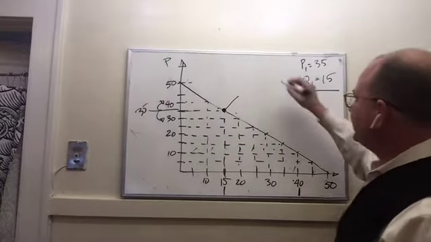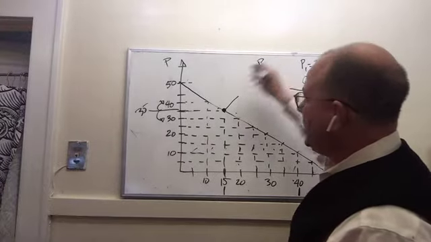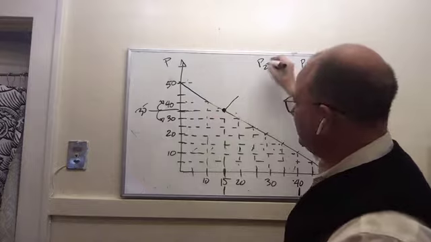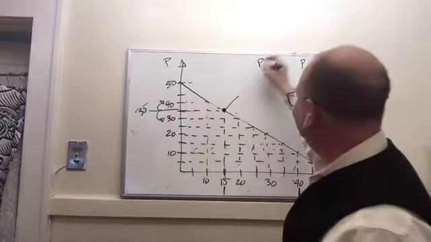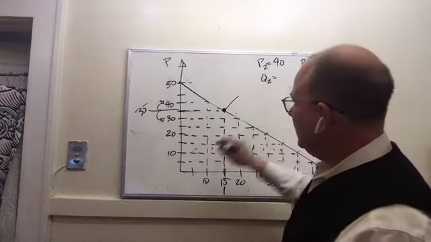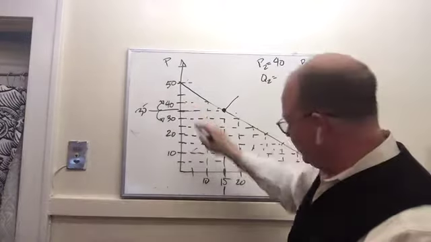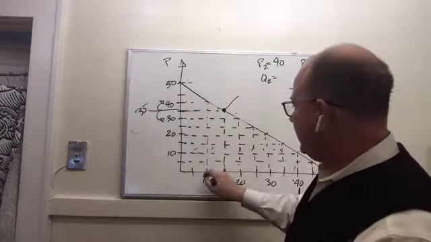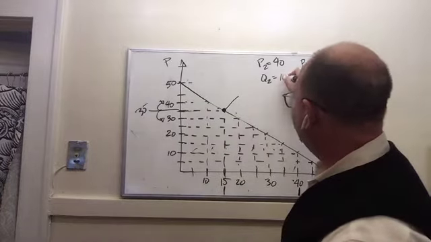But I'll just do them both. So here, when we go up, P2 is going to be 40, right? And Q2, as a result of an increase in price, the quantity is going to fall to 10.